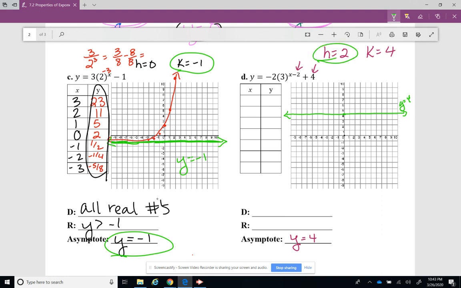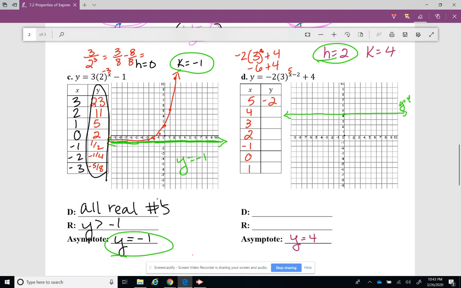All right, our h is going to help us get started in our table. So our h is 2. So we're going to do 3 to the right: 3, 4, 5, and 3 to the left: -1, 0, 1. All right, let's go ahead and start with our 5. 5 minus 2 is 1. -2 times 3 to the 1 plus 4. So that's really -2 times 3, which is -6, plus 4, which is -2.